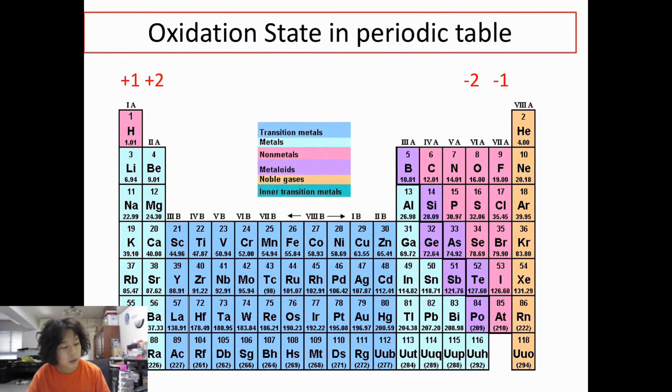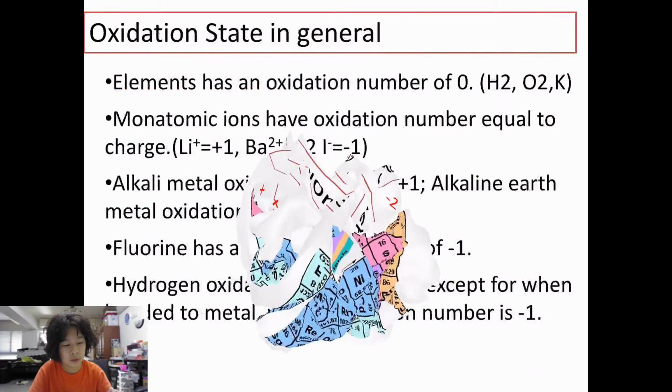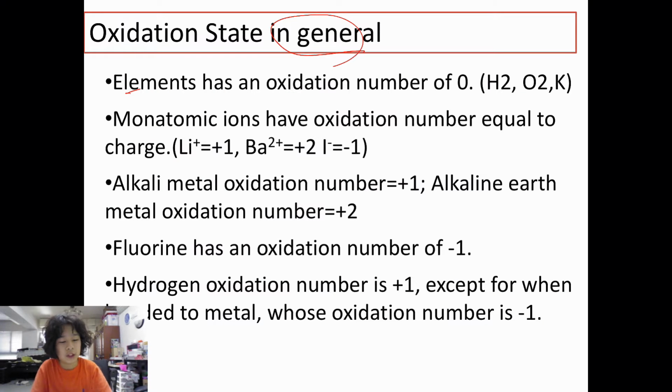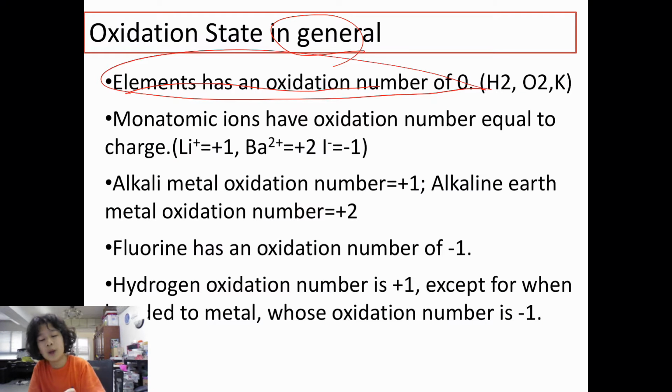Now let's see the rules. Hydrogen is usually +1 on the periodic table, but not always, because hydrogen can also be -1 when bound to metals. For group 2A, it's always +2. An element on its own is always 0.